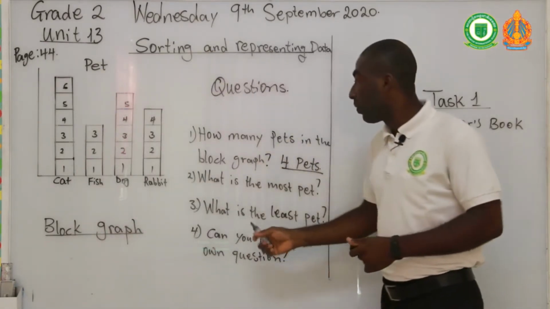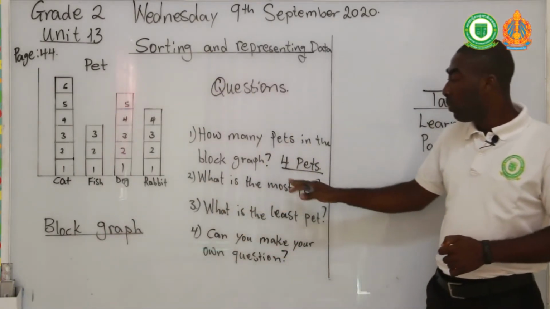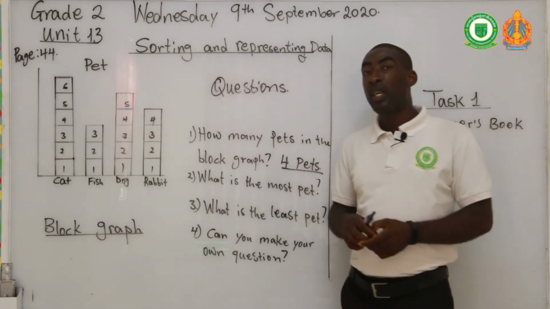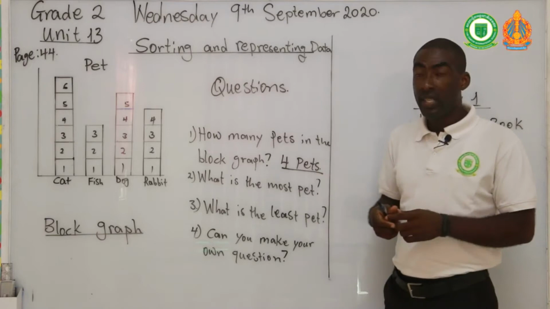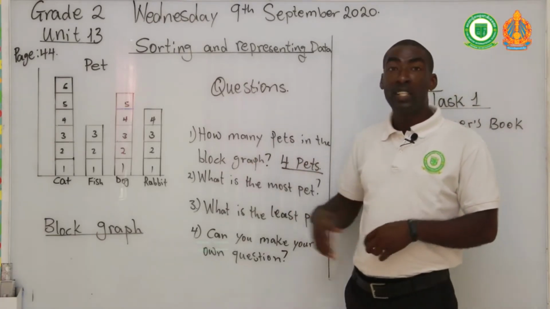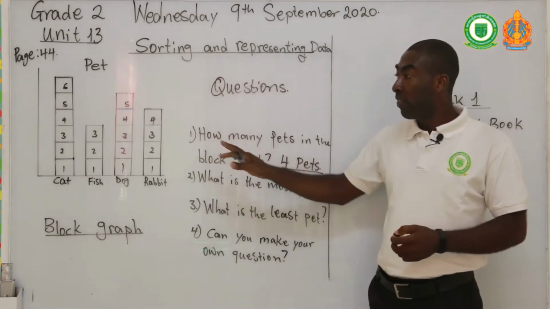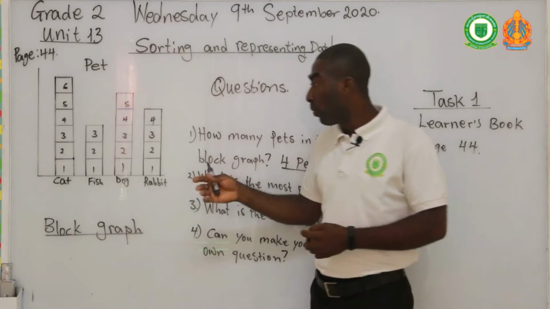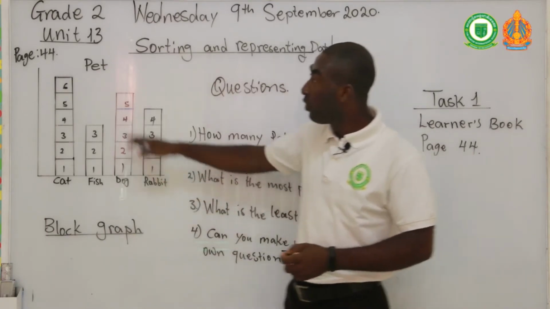So let's see the second one. It says, what is the most pets? Most here is the highest. That means what is the kind of pet that is more on the block graph that you see. So most means more. Most means more. So which graph do you see more?